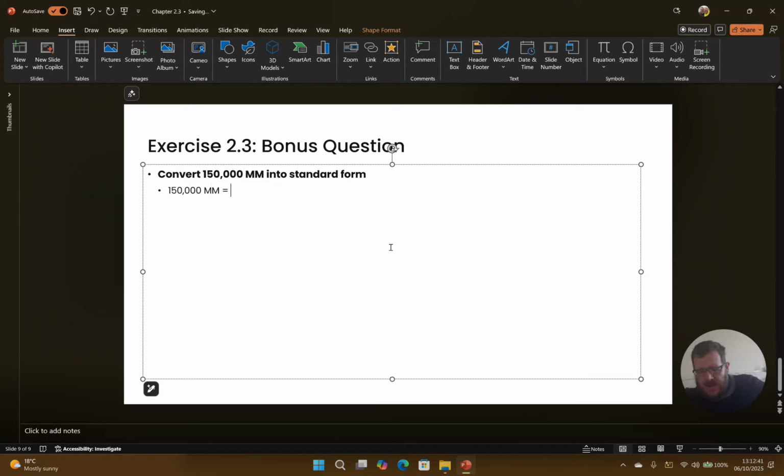Now remembering that m in this case would be E6 and mm is E30. So mm would be E36.